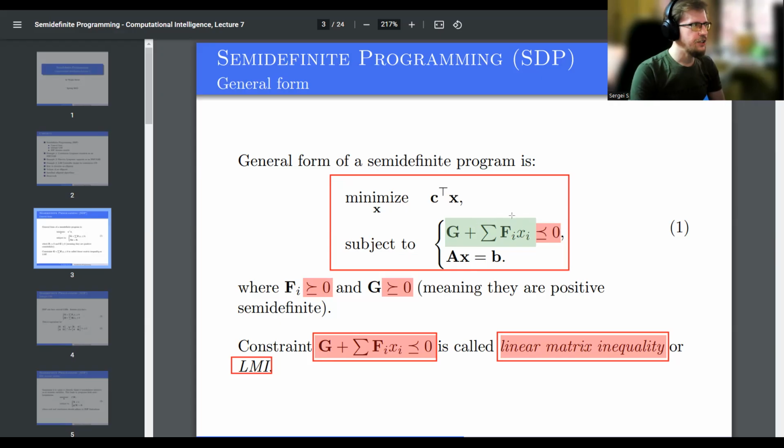When you see control literature, you would often see linear matrix inequalities. When you see optimization literature, you would often see SDP.